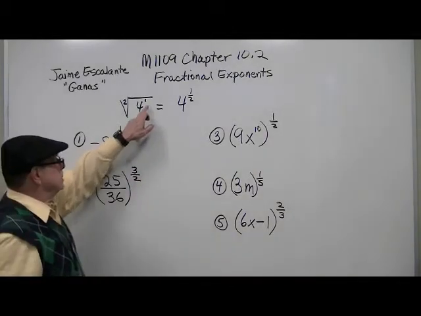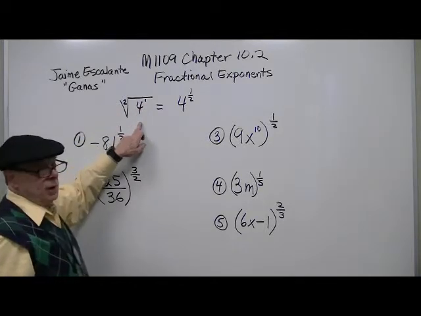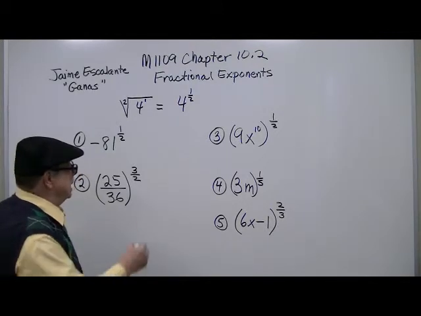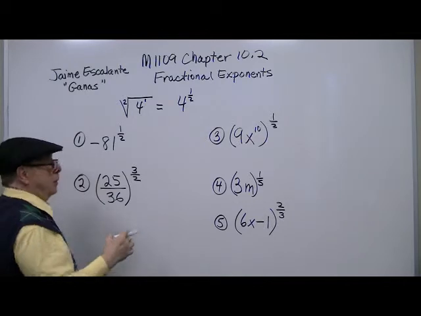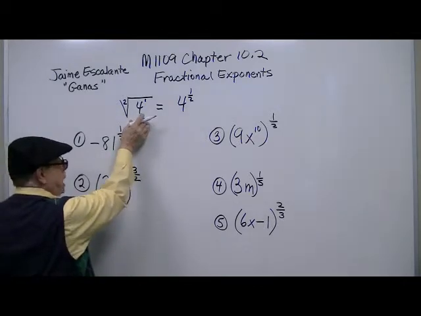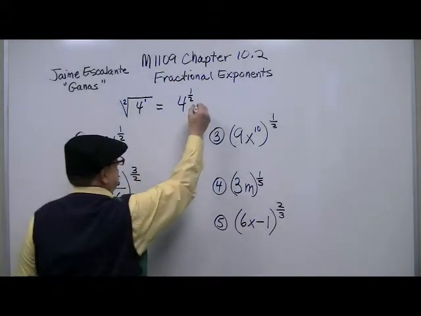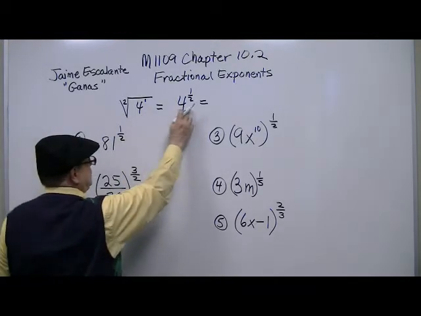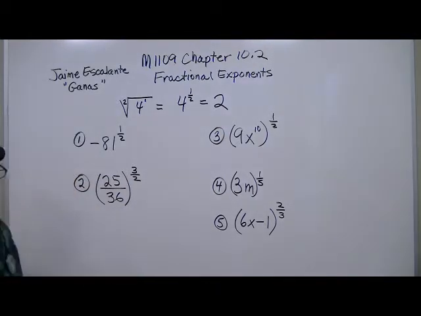So 4 to the first power, and then the second root of 4. That's another way of writing a fractional exponent in its other form, a radical expression. So the square root of 4 or 4 to the 1/2 power simplified is 2.